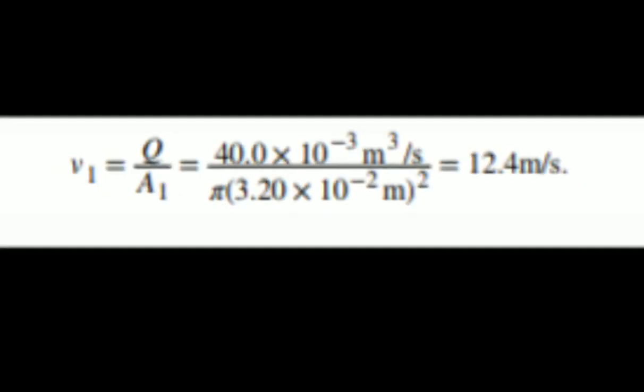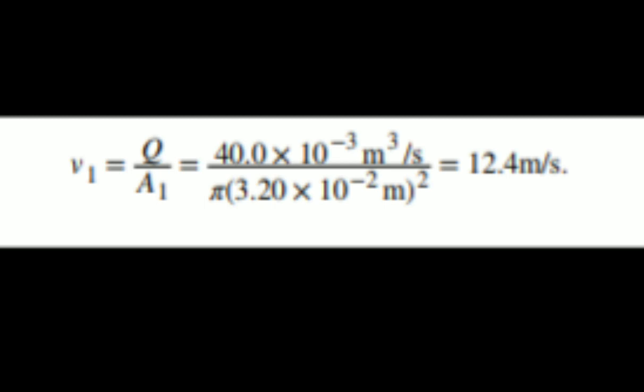So we must find the speeds v1 and v2, since Q is equal to A sub 1 multiplied by v sub 1. So we get v sub 1 equals Q over A sub 1, which is equal to 40.0 times 10 to the negative 3 meter cubed per second divided by pi times (3.20 times 10 to the negative 2 meter) squared.